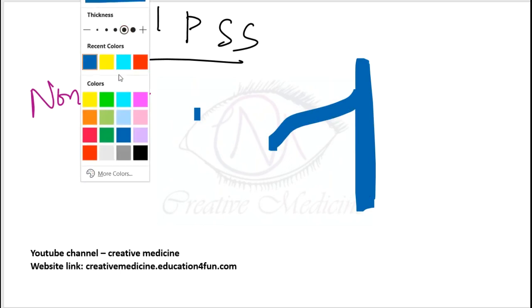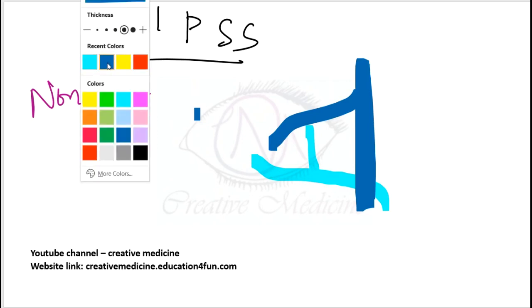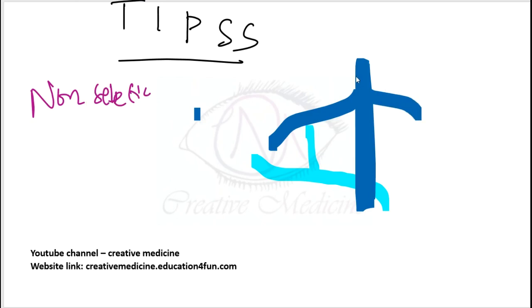Then you will also have a vein from the portal vein. The portal vein will divide into two, that is right portal vein and left portal vein, whereas the inferior vena cava will give two, that is right hepatic vein and left hepatic vein.